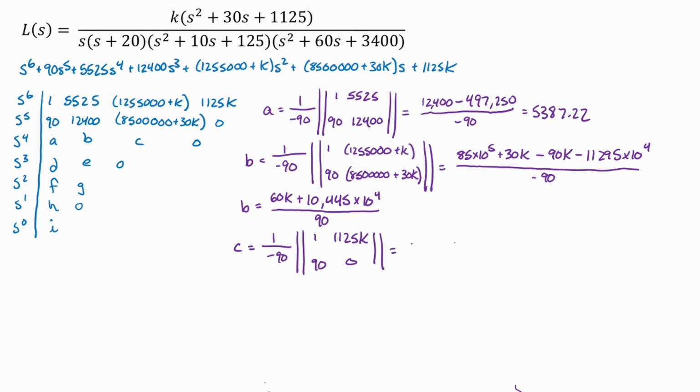So our result for c will be 0 minus 90, 1125k, all over negative 90. So c is equal to 1,125k. So that one's pretty straightforward.